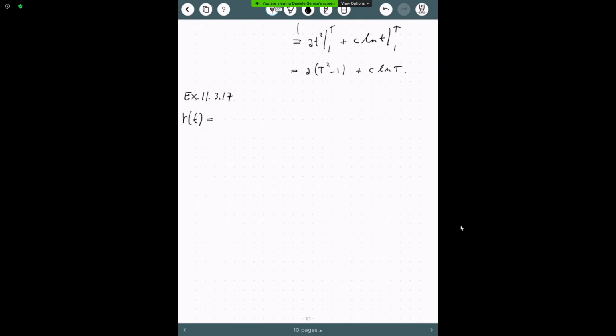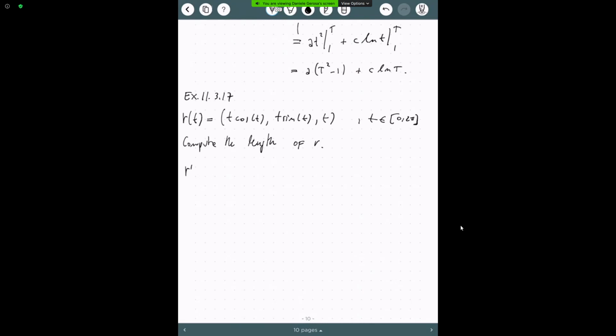Okay, so now we have this curve here that is defined by t cosine of t, t sine of t, and then t, where t belongs to 0 to pi. We want to compute the length of r for t that belongs to 0 to pi.